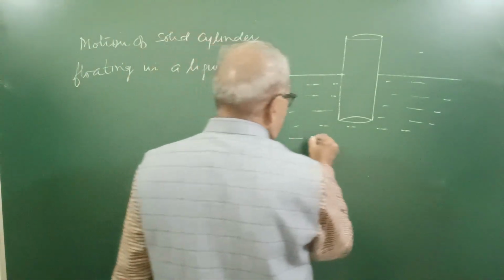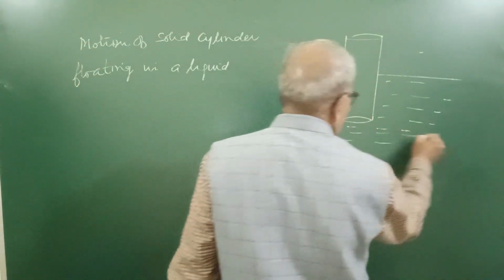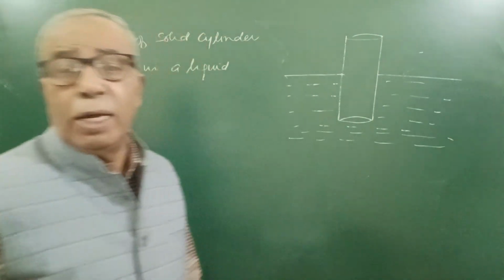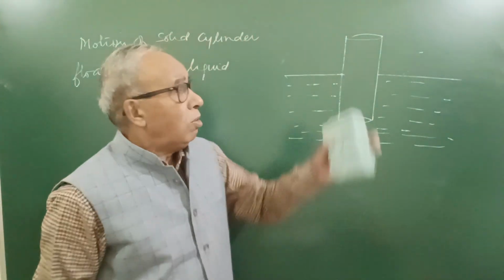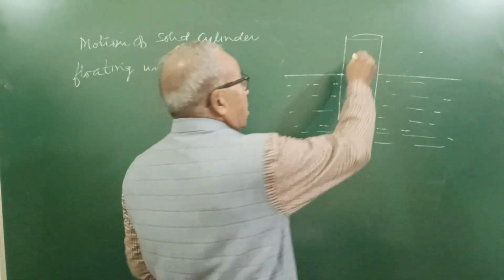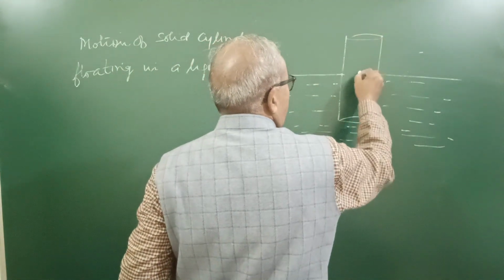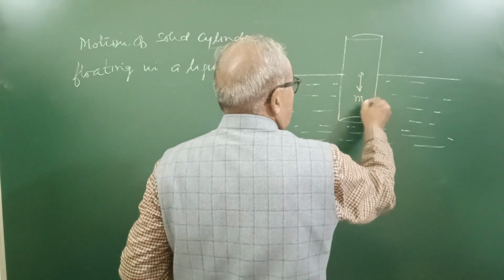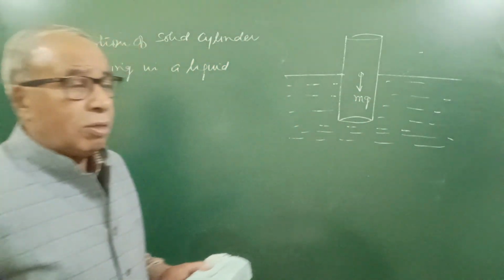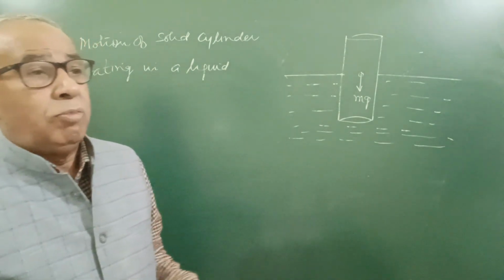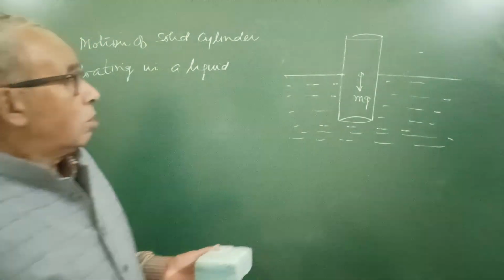Actually, everybody floats in a liquid. You have learnt somewhere in class 9 that a body floats in liquid when the weight of the body, mg, acting here, is balanced by the weight of liquid displaced, which is called buoyant force.